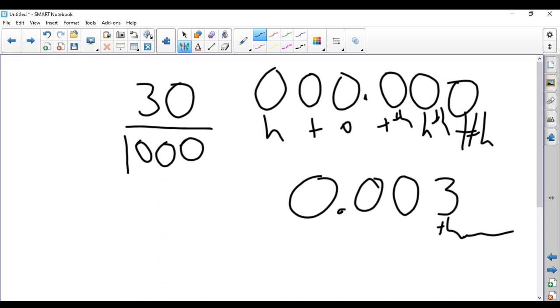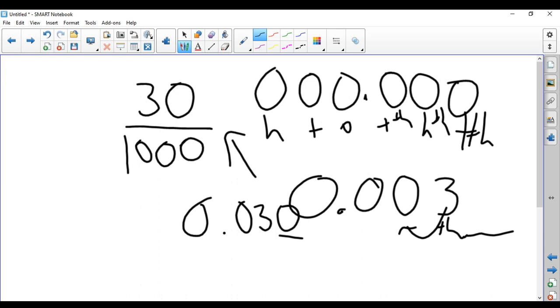Just like if I had 10 ones, it's the same as saying 1 ten if I had big numbers. So I'm going to move that 3 over here. So I have 30 thousandths, and I keep that 0. I don't get rid of that 0 even though it has no value, because that's still a way of me seeing the number 30 just like the fraction.